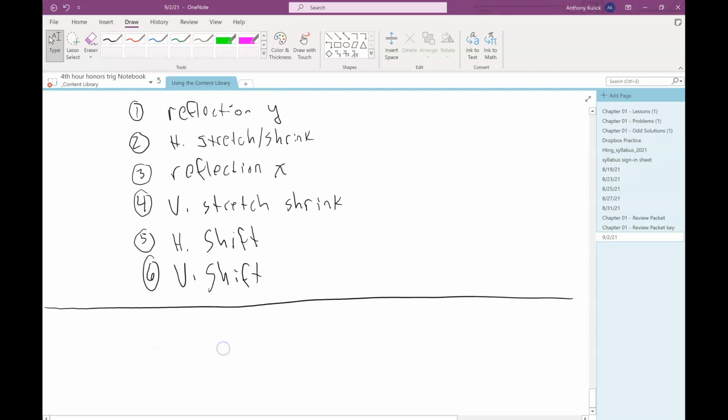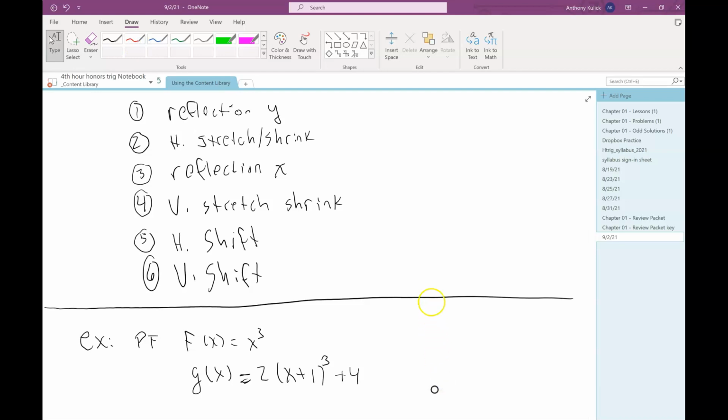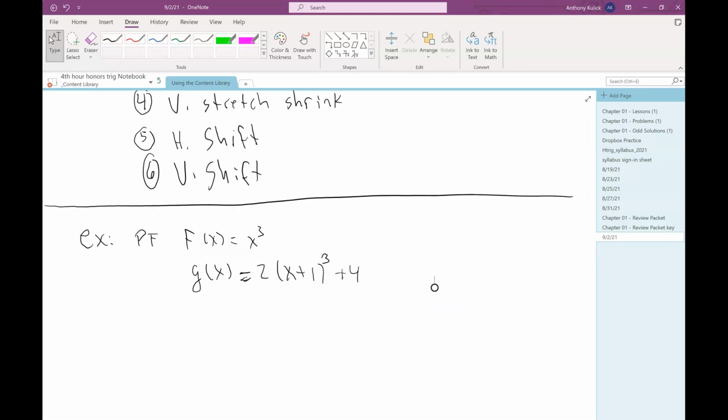So if I give you the parent function, f of x equals x cubed, and I give you the transformed function, g of x equals 2 times the quantity x plus 1 cubed plus 4, and I ask you to describe the transformation that's being done in the proper order, this is how we'd kind of answer that question.